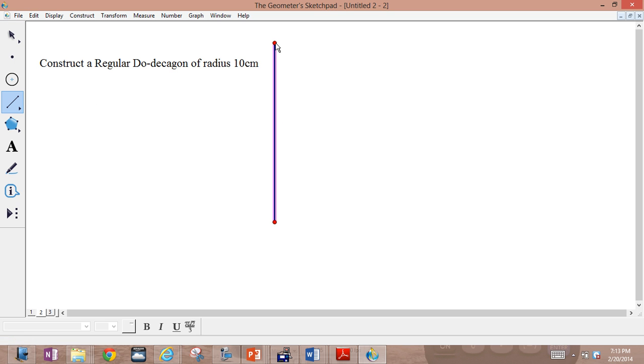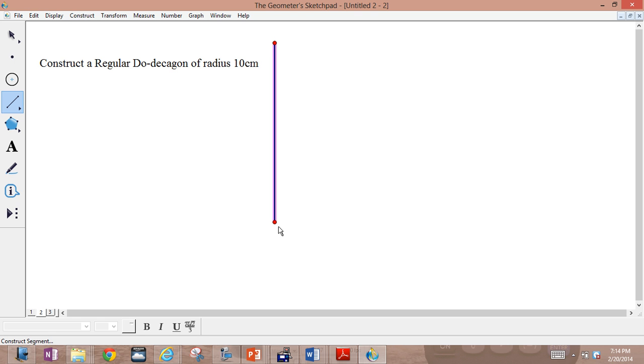So I can draw my segment here. Now, for the radius of the dodecagon, we need a central angle. Since the dodecagon has 12 sides, the central angle will be 360 divided by 12, or 30 degrees.